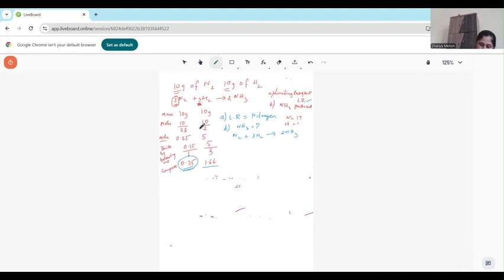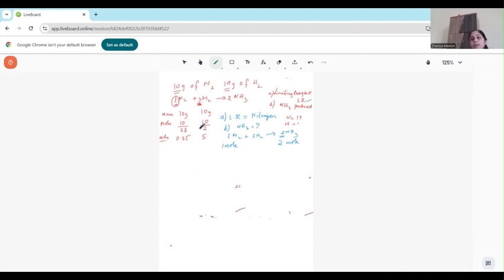This I don't need now. I just need the number of moles. 1 mole means the balancing number here. 1 mole is reacting with, what's the balancing number over here? 2 moles of ammonia, right?